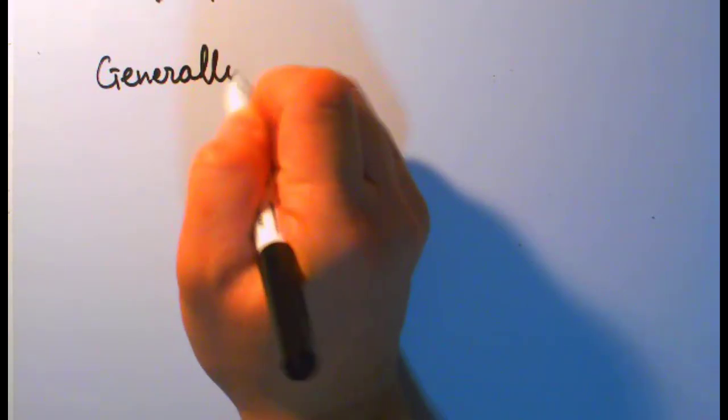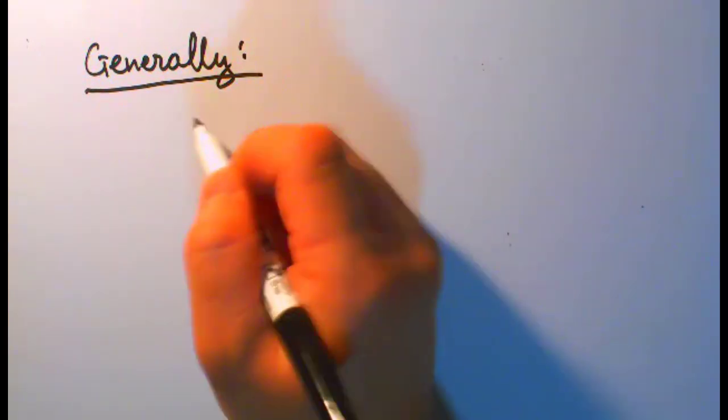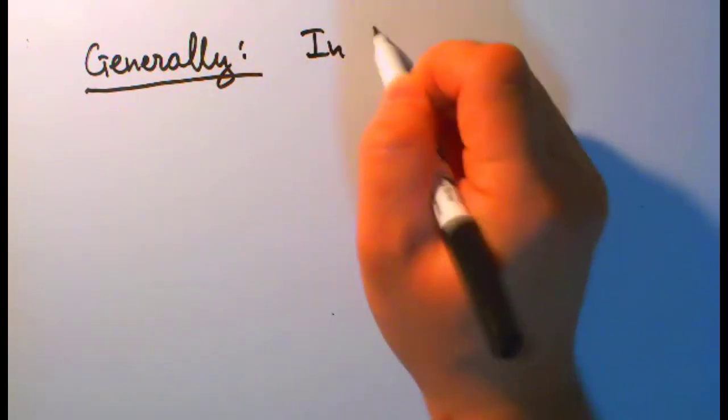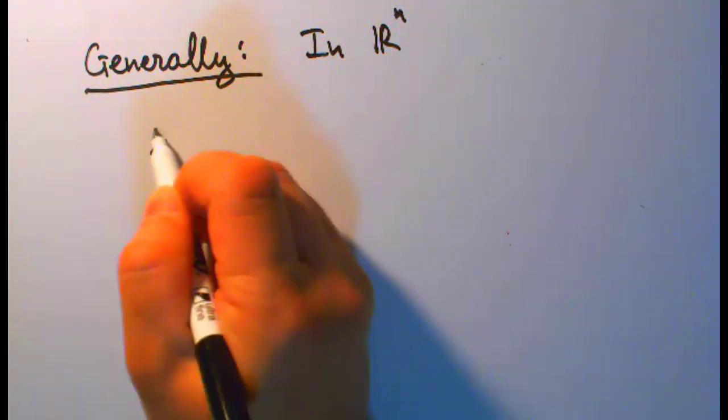And now, outside of R3 and R2, there are higher dimensions. So generally, we're going to extend that definition of dot product for vectors in Rn. In Rn, the two vectors are going to look like this.